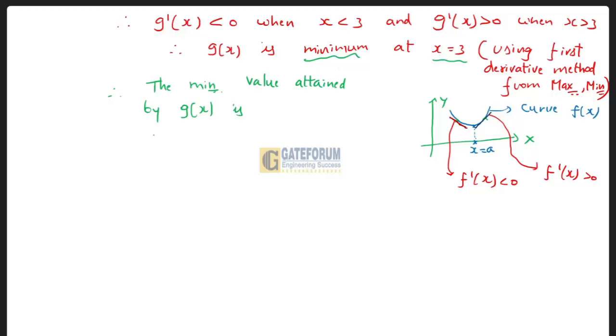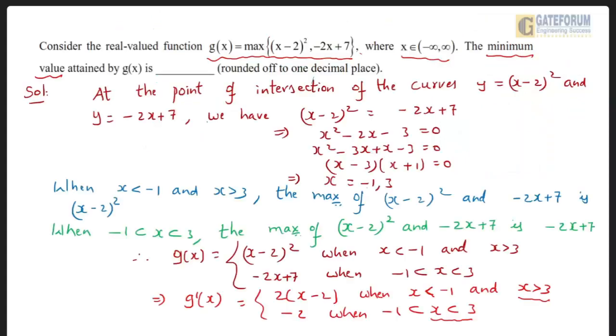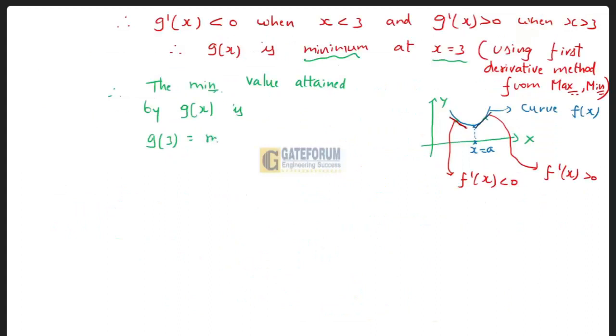So the minimum value is g of 3. How do you get g of 3? In g of x, it is given as maximum. There you put x equal to 3. So that is nothing but maximum of (3 minus 2) whole square, comma, minus 2 into 3, that is minus 6, plus 7. Which is nothing but maximum of 1, comma, 1, which is equal to 1. So the answer is 1.